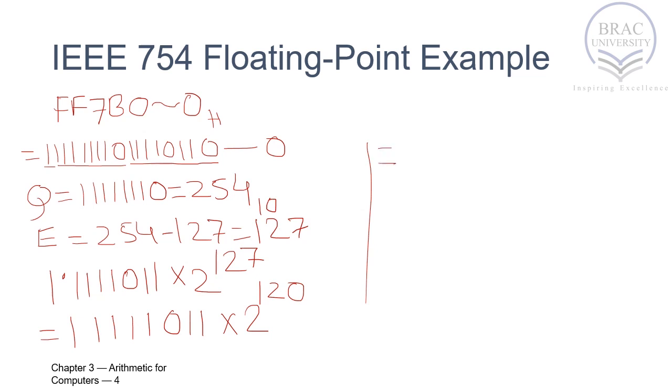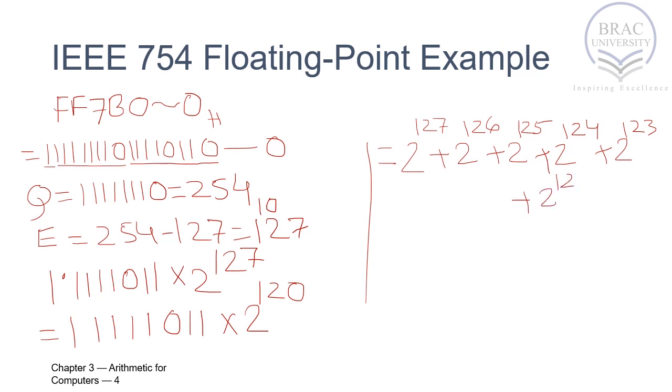Equivalent decimal value of this one would be 2 to the power 127 plus 2 to the power 126 plus 2 to the power 125 plus 2 to the power 124 plus 2 to the power 123 plus 2 to the power 121, and then 2 to the power 120.